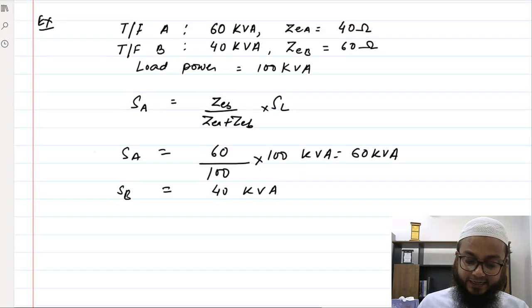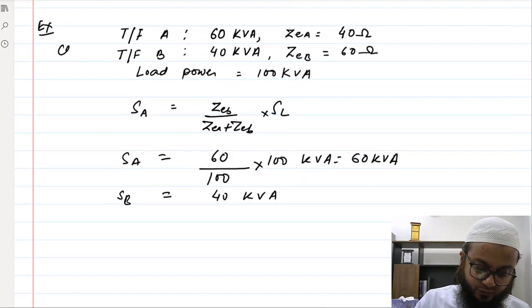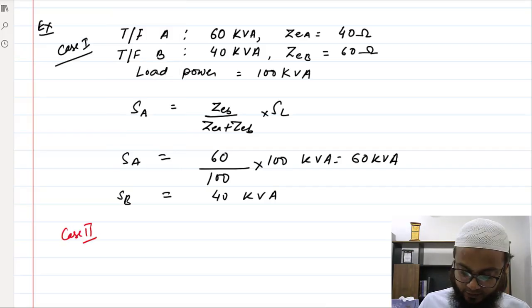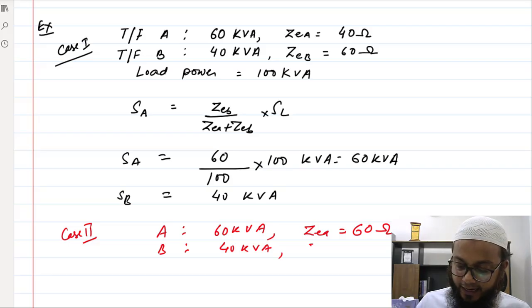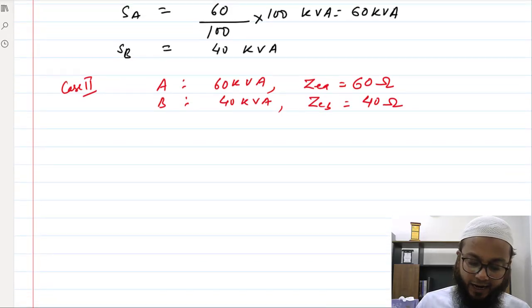Let's say this is case 1, and this is case 2. Transformer A has 60 kVA and the leakage impedance ZEA is also 60 ohms, and transformer B has 40 kVA rated power and ZEB is 40 ohms. Now you calculate SA.